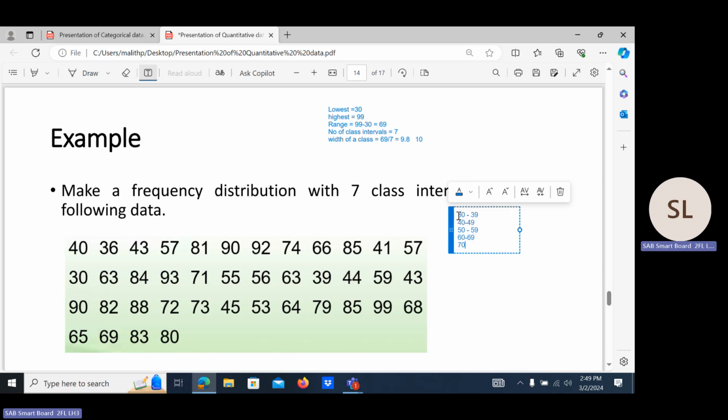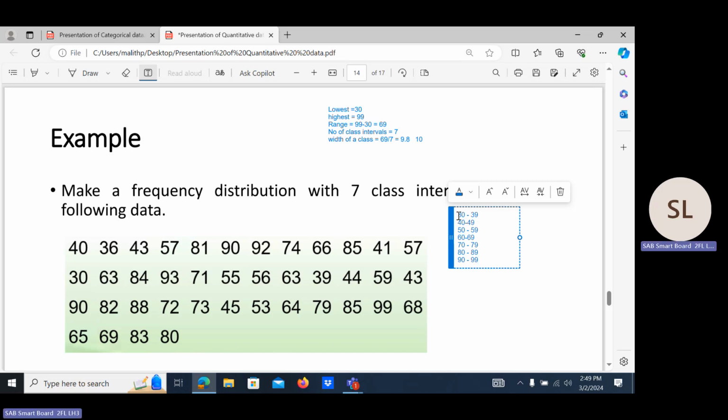This way we can write all the class intervals. Then 99 is the endpoint.